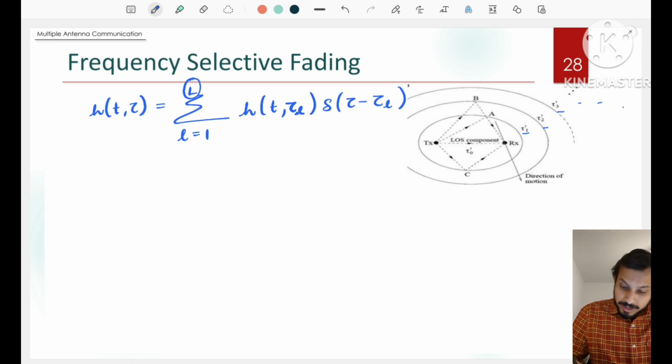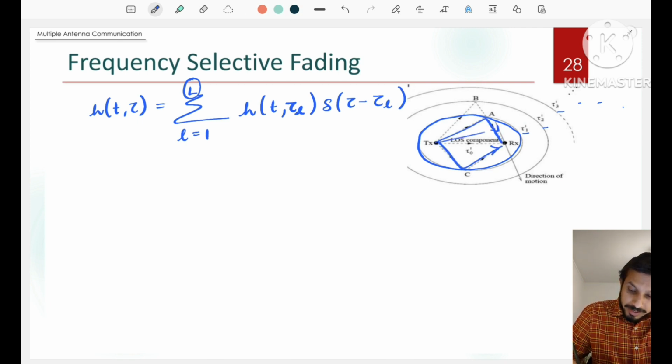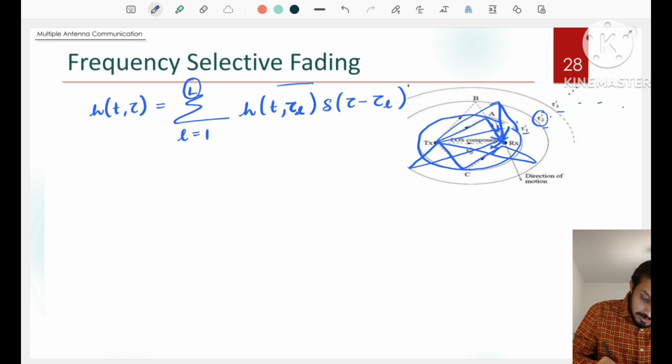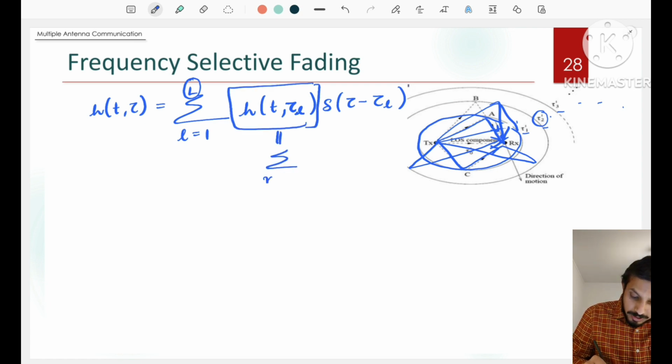And now in each of the ellipses, we don't have one single path. We have multiple paths coming at every delay. For example, at tau 2 dash, we have this ray, then we have another ray, and another ray. So this is basically the summation of n multipaths coming from the transmitter.